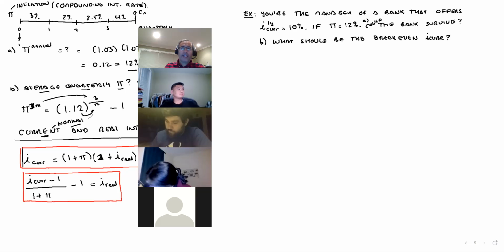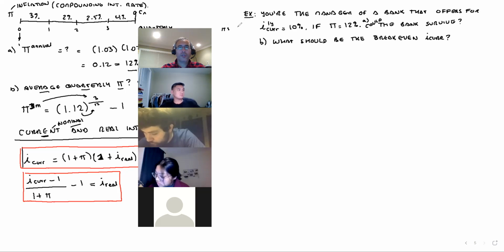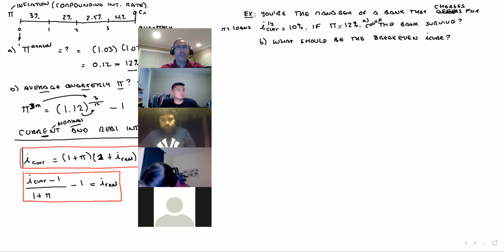You're a manager of a bank that, for its loans, charges a current of 10%. If the inflation is 12%, first question, could the bank survive? The second question, what should be the break-even current interest rate?